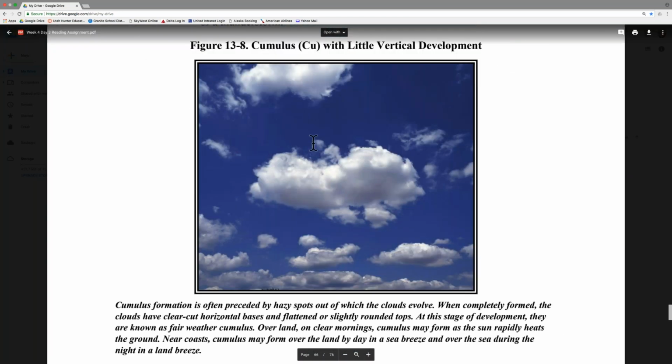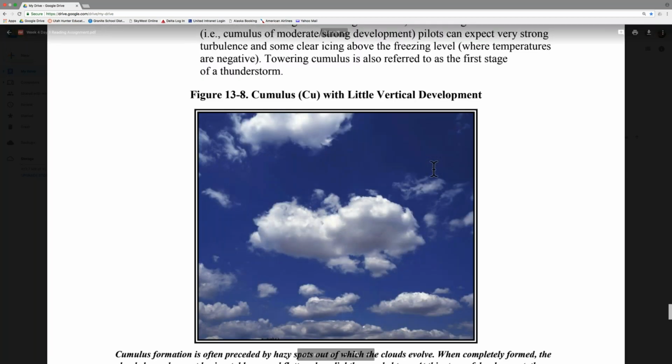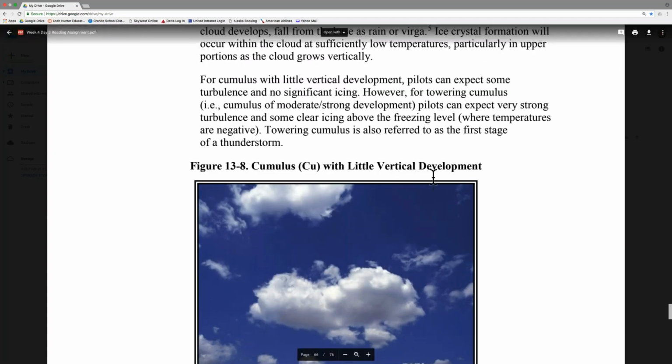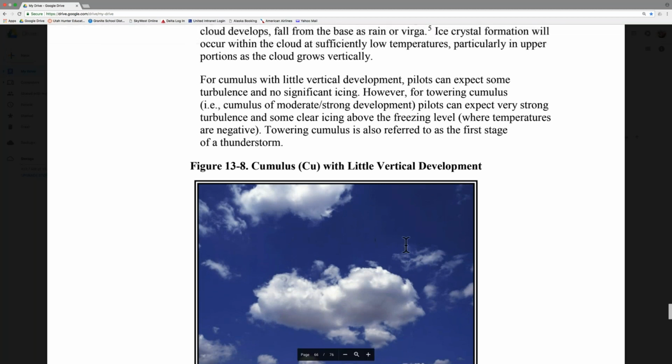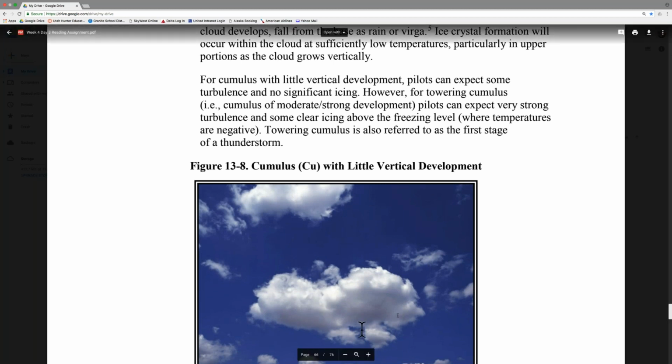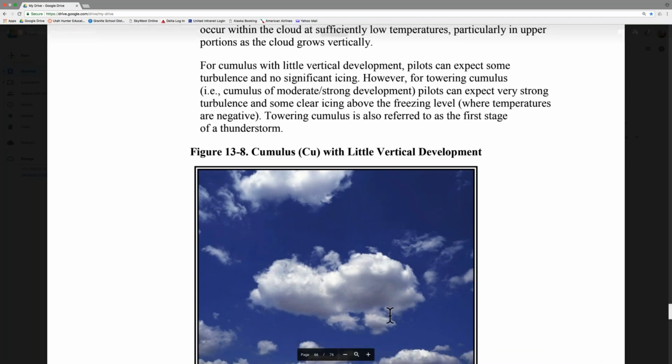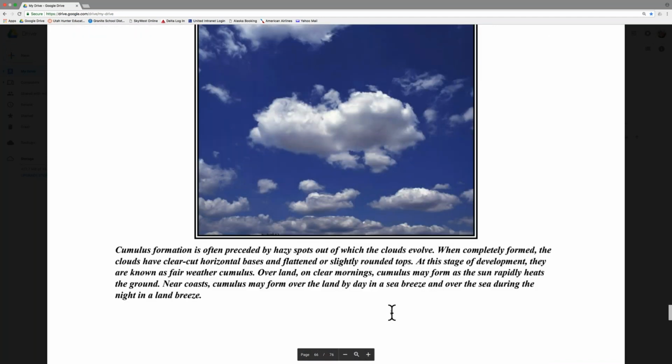This is just a cumulus cloud. Typically forms due to convection. You get basically that rotation of air with the moisture present will form this kind of cloud.